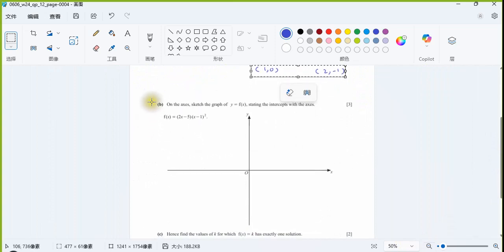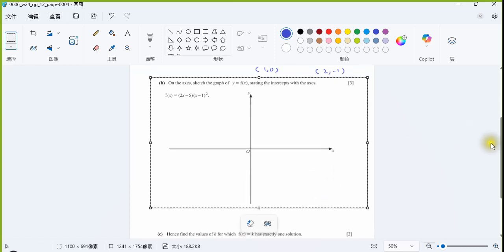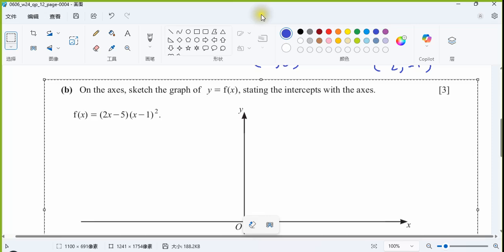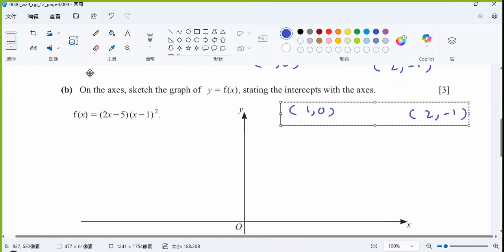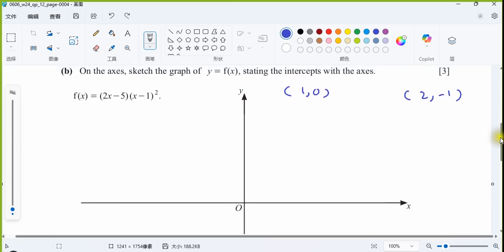Okay, so for this graph we know that the maximum and minimum that we found, these two are the stationary points, and this is the local maximum, this is the local minimum, something like that.